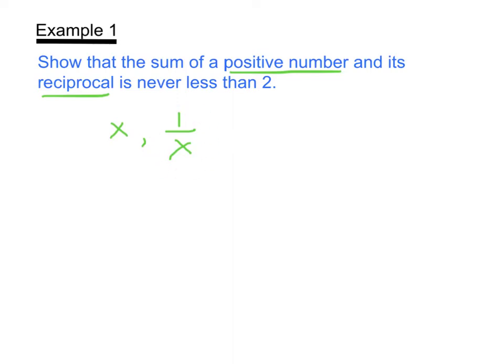Therefore, we can use the arithmetic mean, geometric mean inequality. We'll have x be our first number and 1 over x be our second number. So the arithmetic mean is simply the sum of those two numbers divided by 2.